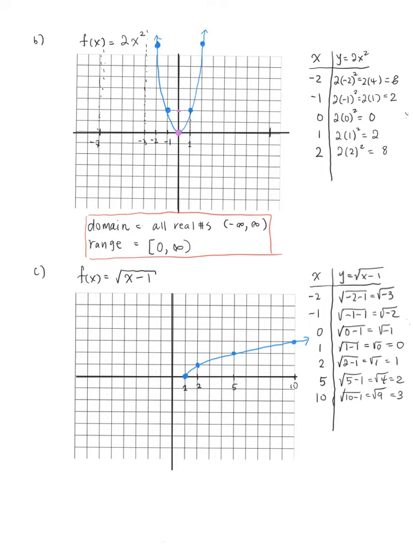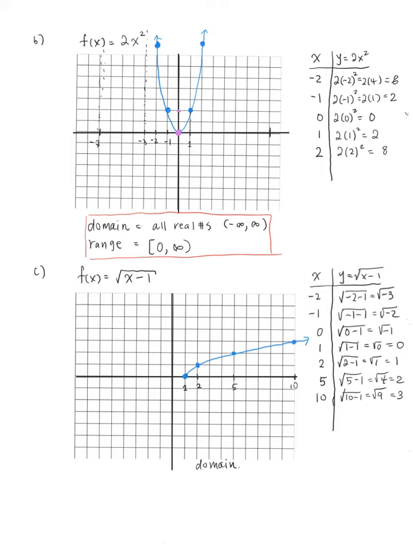Okay, now let's go with the domain and range. So let me just write down domain. Again, domain is the set of x values for the function, or this is a function because it passes the vertical line test, where the function is defined. So if you want to find the domain, you want to look at the graph from left to right. So where does the graph begin?